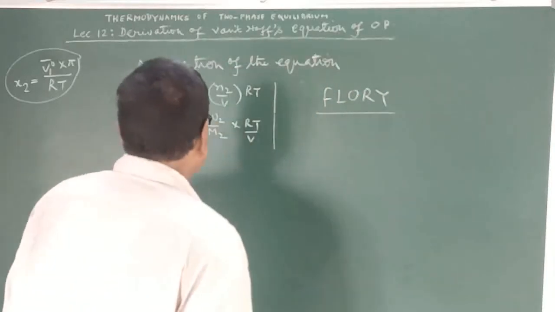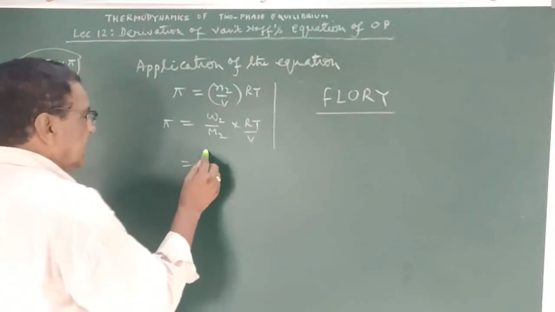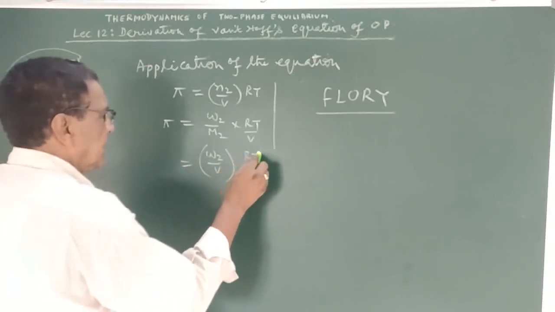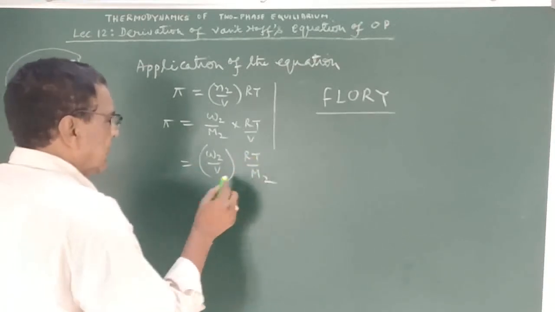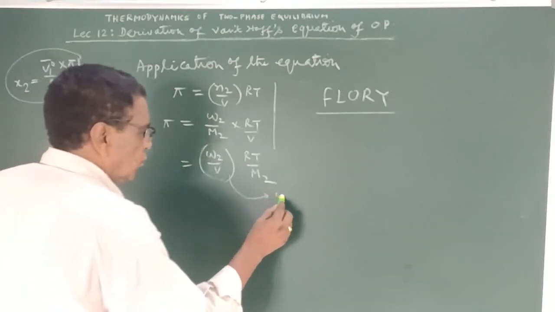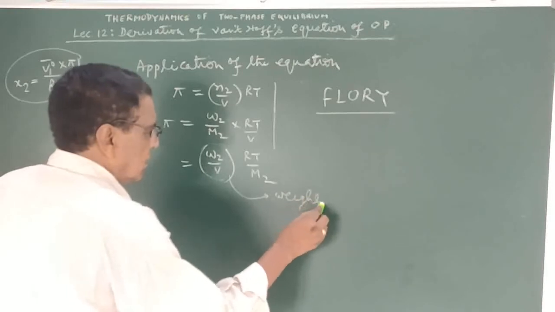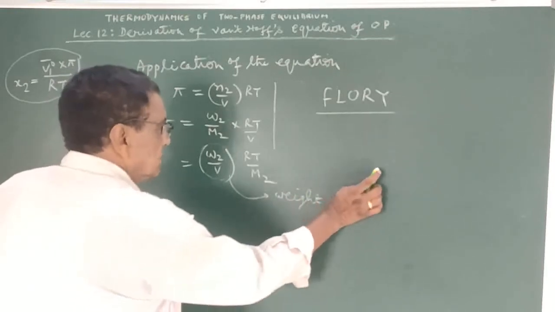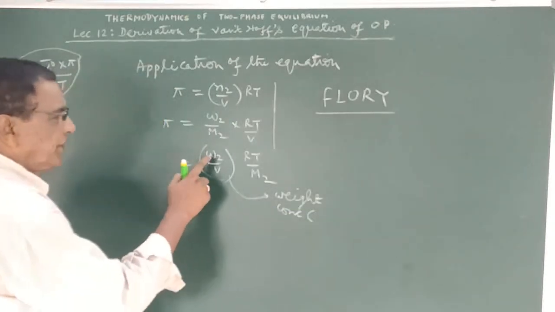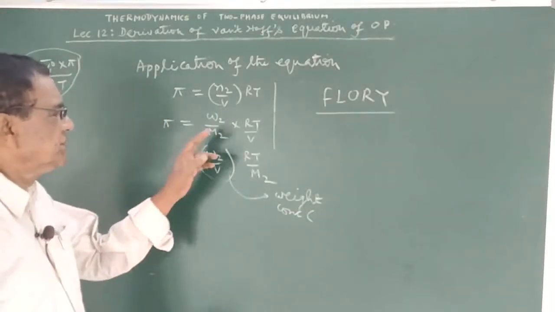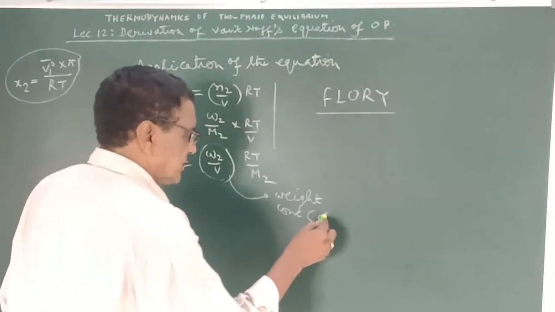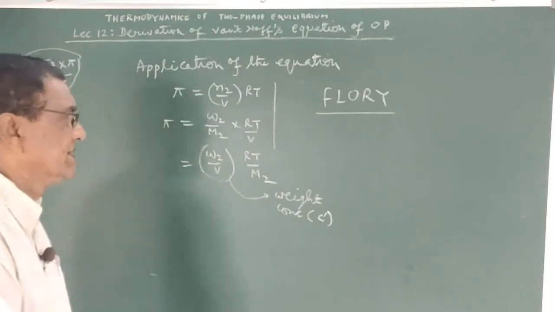In this case, the modification is W2 by V into RT by M2. This is also a concentration, the weight concentration, meaning the weight of solute in grams dissolved per liter of solution, expressed as C dash.